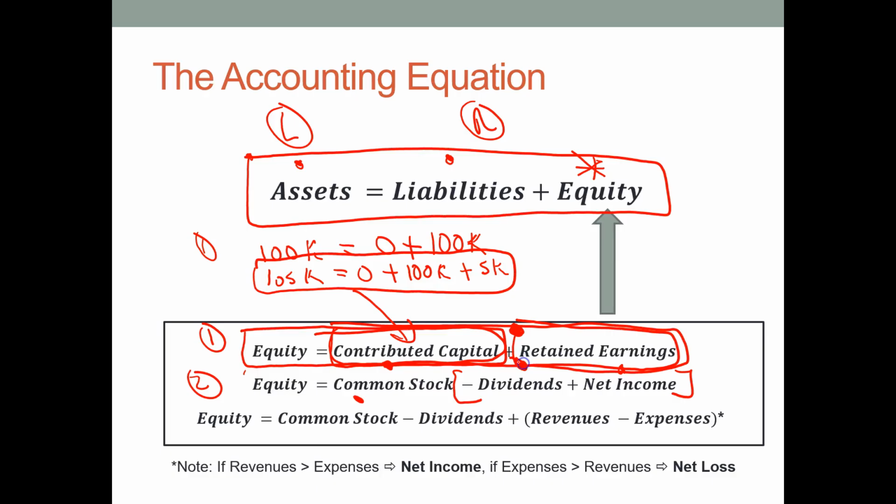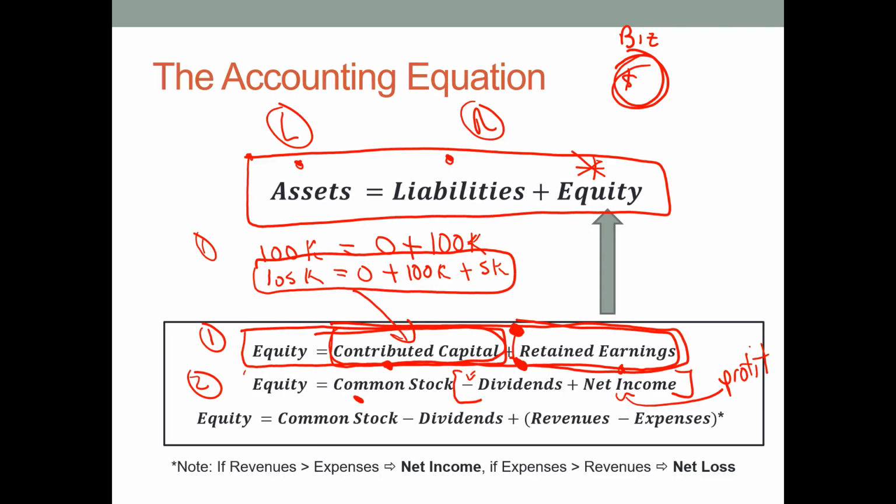Now, retained earnings has two parts. It has the net income, which you can think of as the profit that the business has generated. And then it's subtracting. So notice this, this is a key thing. Minus dividends. So what is a dividend? A dividend is when the company, remember we have this entity, our business, it has cash sitting in its bank account.